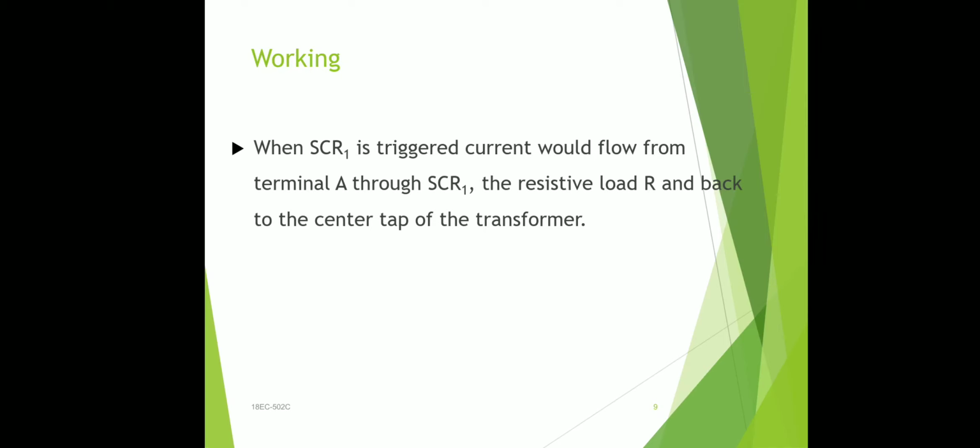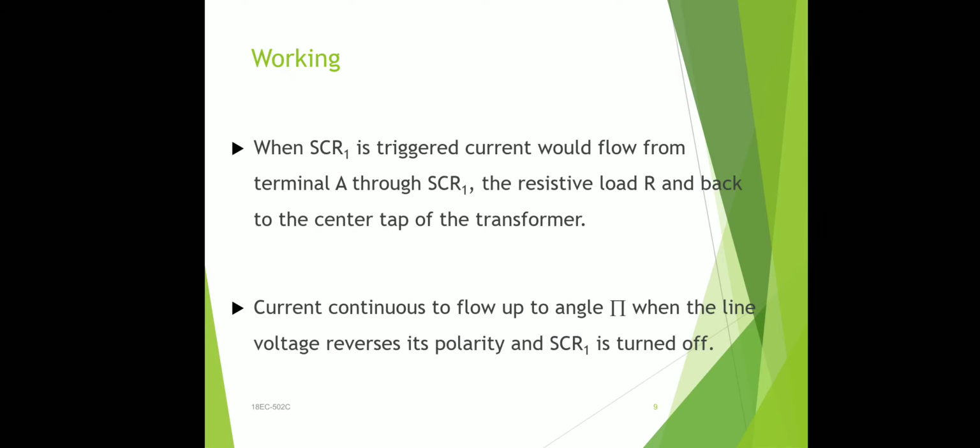Here current continues to flow up to the angle pi. The SCR will be in the active mode up to pi radians. When the line voltage reverses its polarity, SCR turns off.